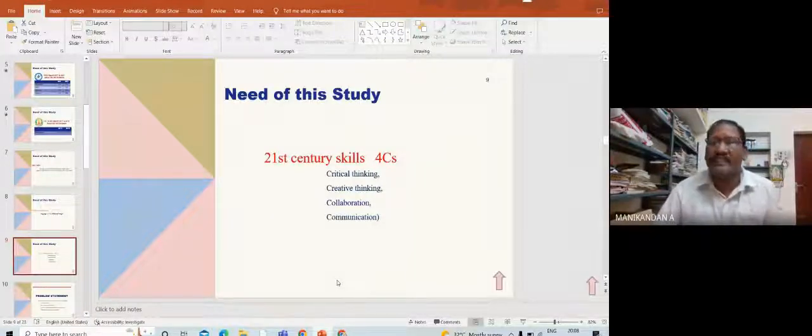That means the 4 C's: critical thinking, creative thinking, collaboration, and communication. So in the present scenario, this is called a global skill, the 21st century skills. Through language only, the students can acquire the 21st century skills.